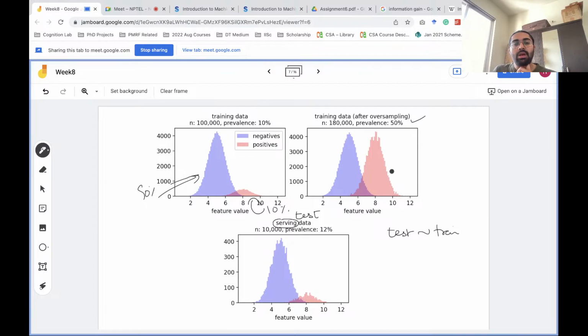Now, if you think about any binary classifier, the idea is that it will try to look for some sort of threshold, right?